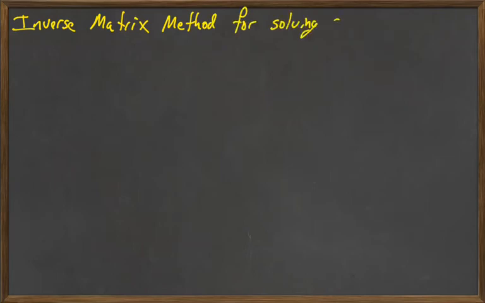Okay, so this is what I was thinking the next slide was. So here is the inverse matrix method for at least a system of 2 equations and 2 unknowns. And it'll be similar for a larger system.